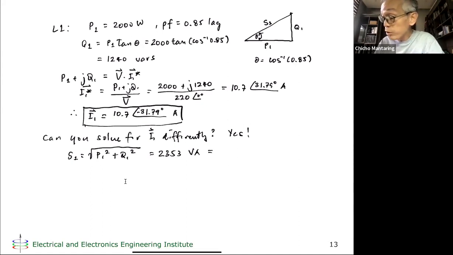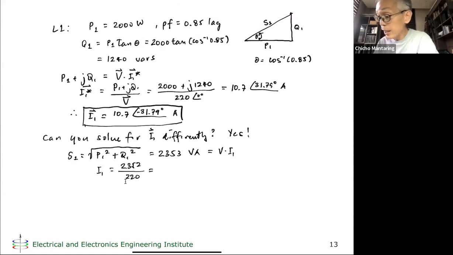This is equal to the RMS value of my voltage multiplied by the RMS value of I1. So I can solve for the RMS value of I1. That's 2352 divided by 220, and expectedly, I should get 10.7 amperes. But this is just the RMS value. What is my angle?